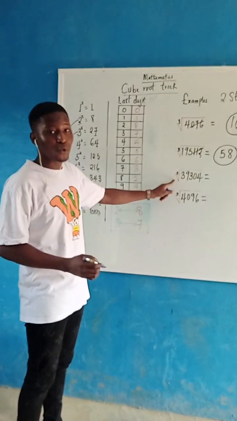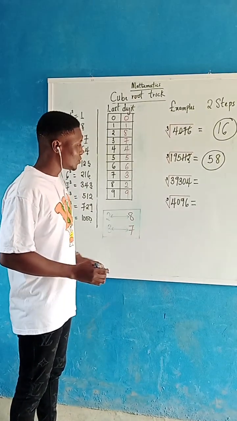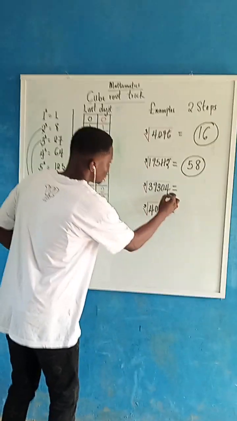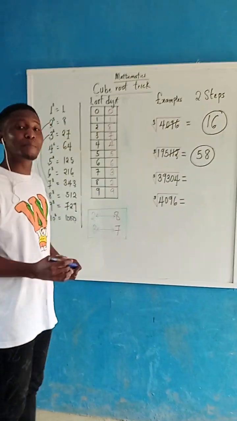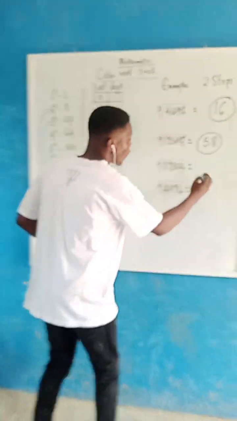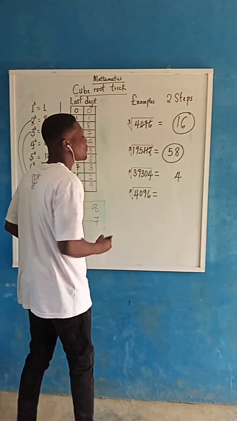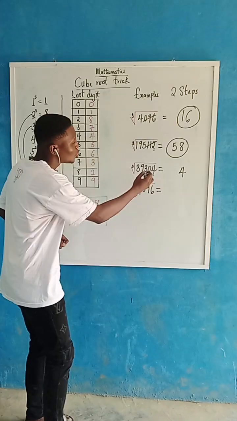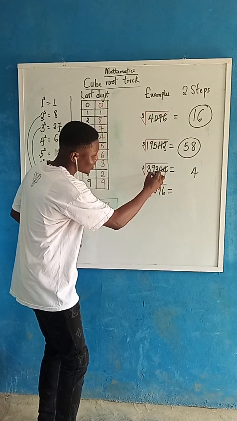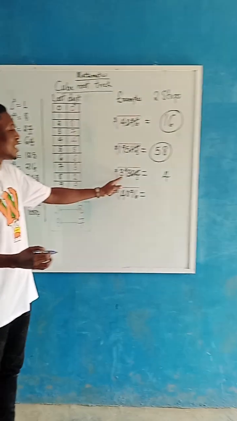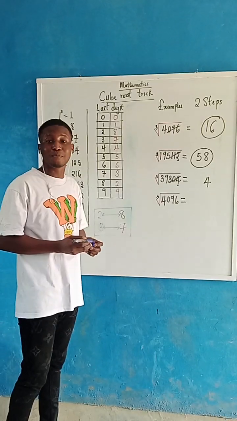So the next example is this. So we check out the last digit number is 4. So whenever the last digit number is 4, we can find it at 4. So we cancel the last 3 numbers that we have there. So we have 39 left. So we're going to ask ourselves a simple question.